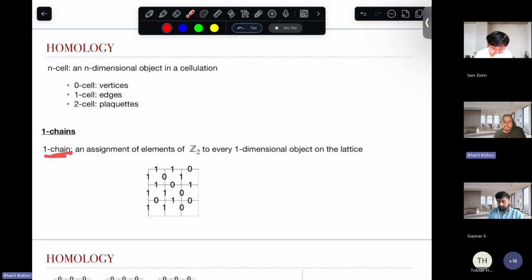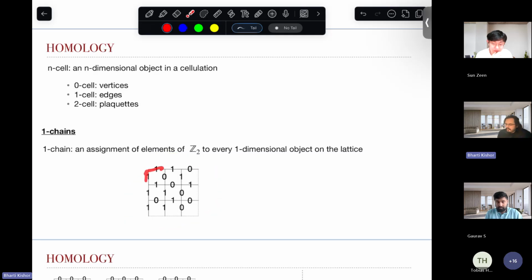So if I'm talking about a 1-chain, I have to assign elements of Z2 to every one-dimensional object on the lattice. Because it's a 1-chain, that's why we are assigning Z2 elements to every one-dimensional object. So this is one example.